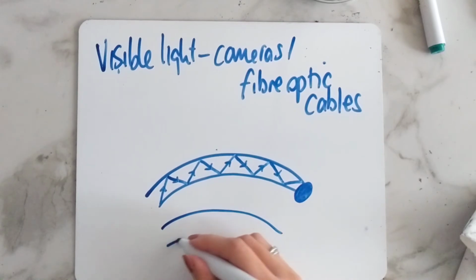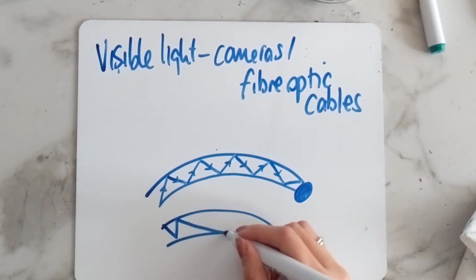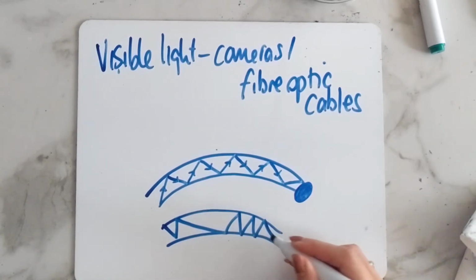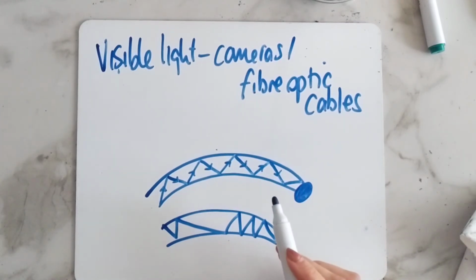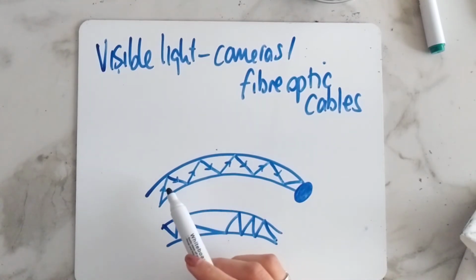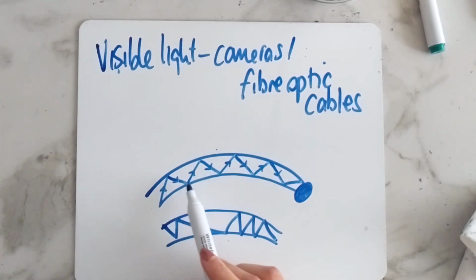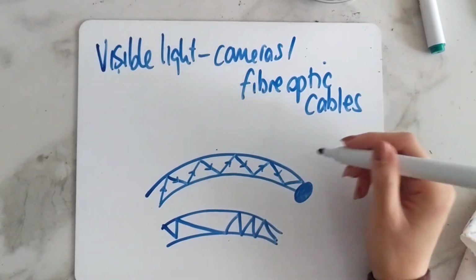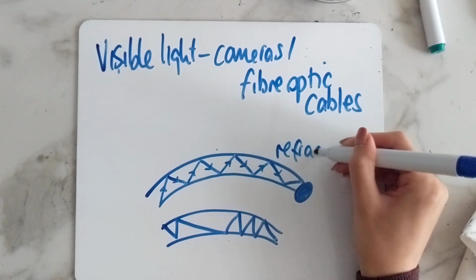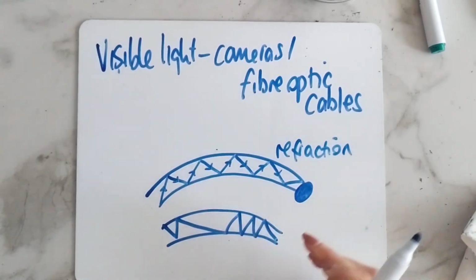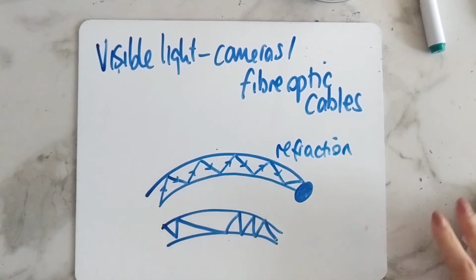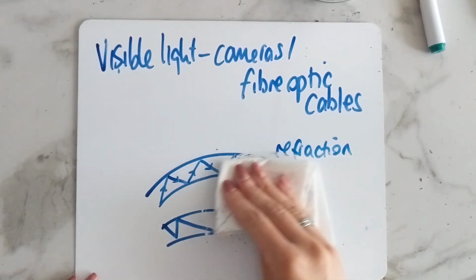So don't start doing this. That's not how it goes through the tube. It will go really nice and neatly at the same kind of angle. We just call this refraction, which again means bending. Okay, so that's visible light.